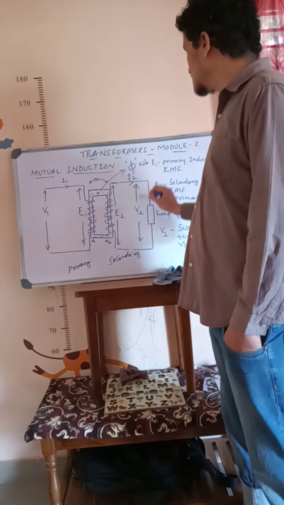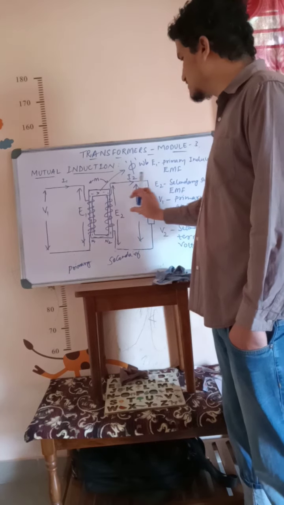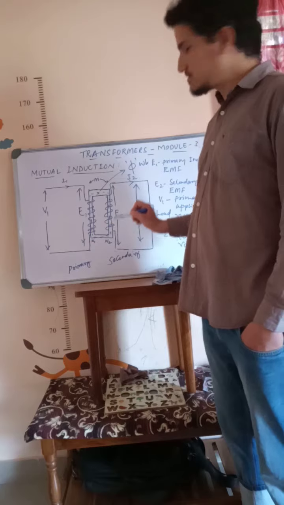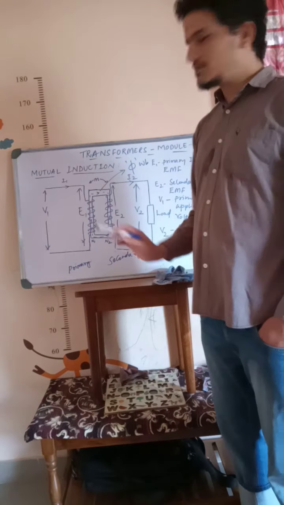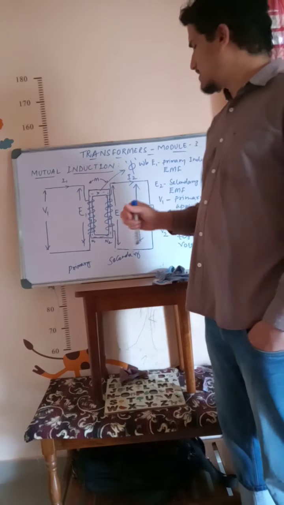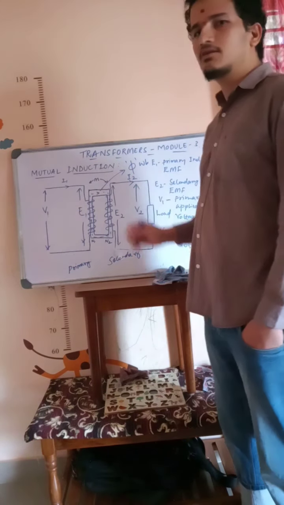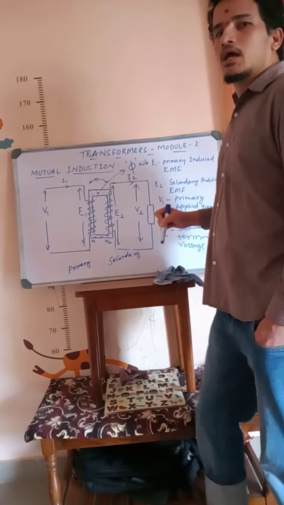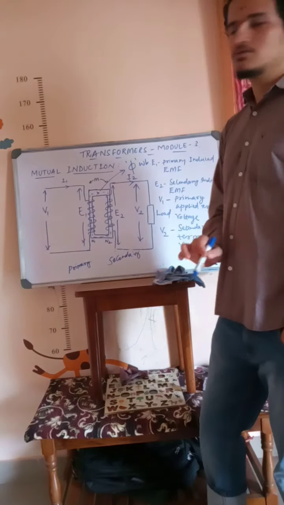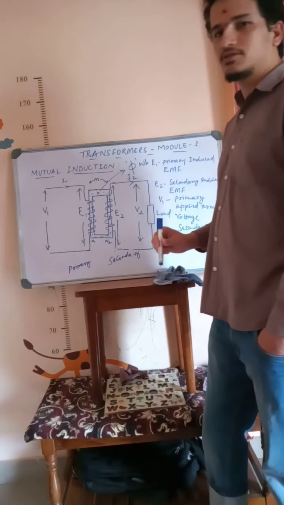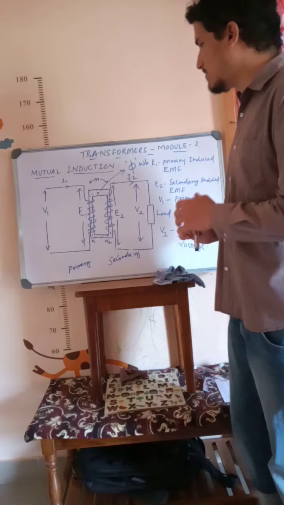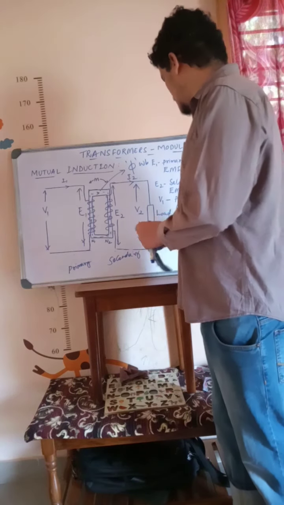So V2 is slightly smaller than E2. V2 is the terminal voltage, almost nearly equal, but somewhat smaller than E2 due to the drop in the internal resistance and reactance of the secondary coil. So this is mutual induction, and this is how a transformer works.